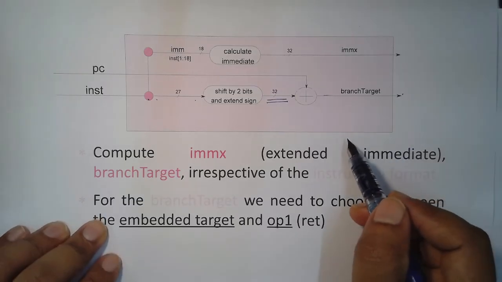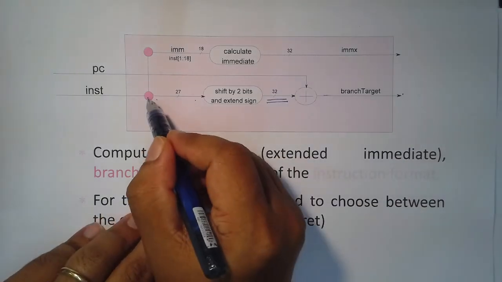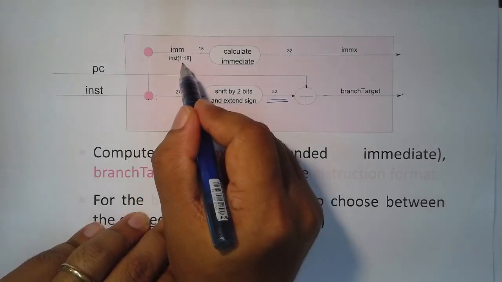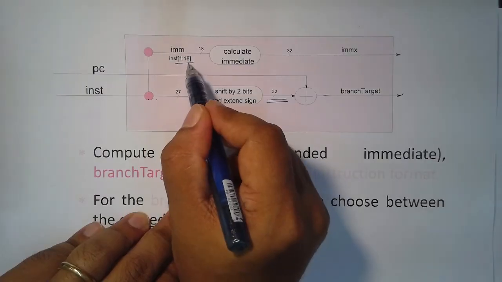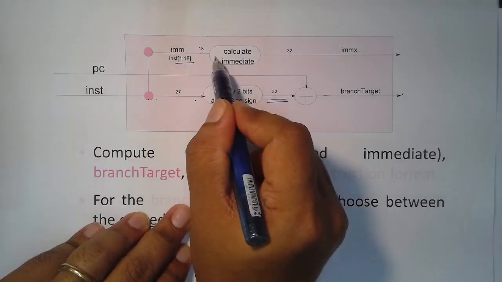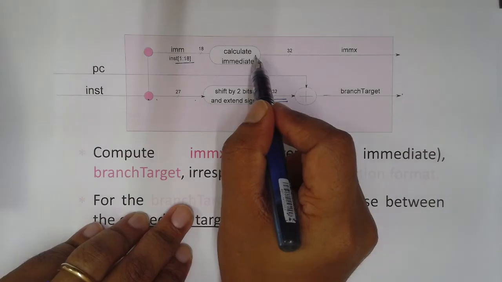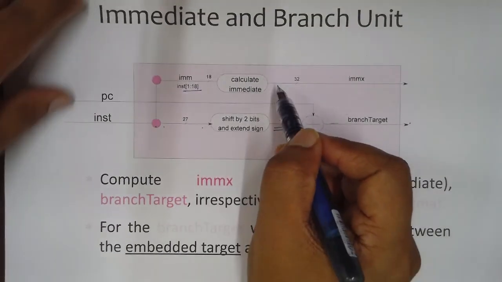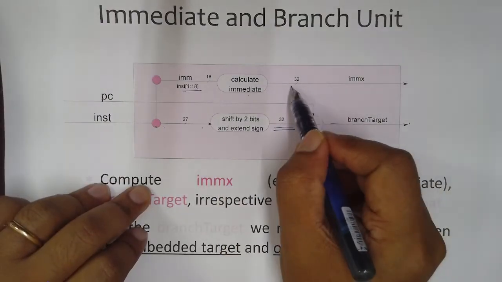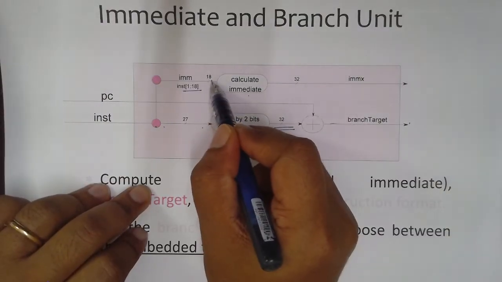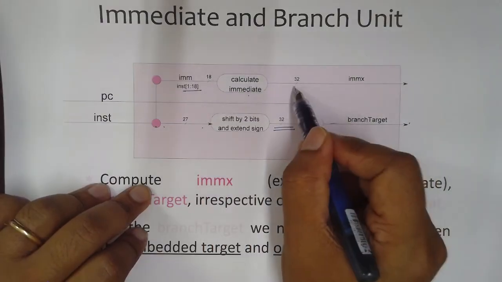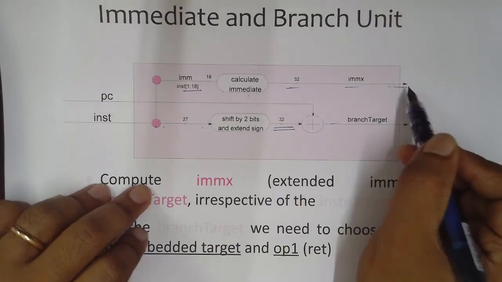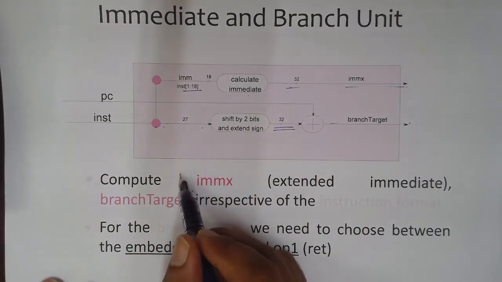The other thing you do in parallel is assume that this is an immediate instruction. The bits from 1 to 18 which denote the immediate bits, you take them, and looking at the offset and the modifier, you calculate the 32 bit immediate value which you need to deal with. This is done in parallel.